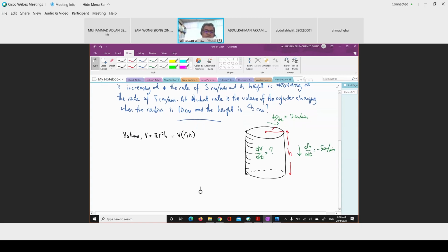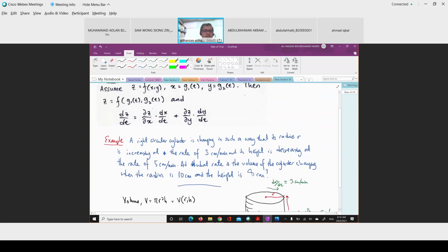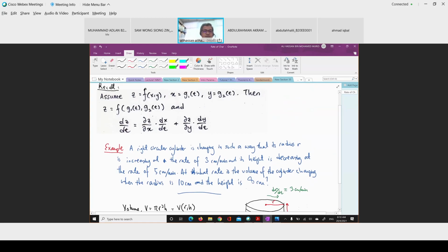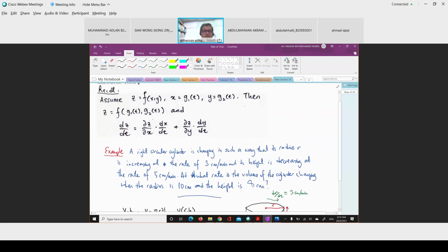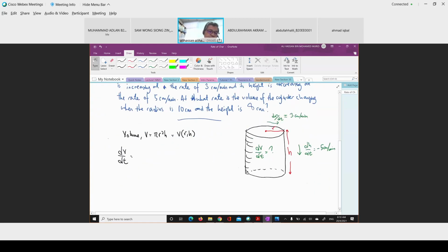So dV/dt, by the chain rule, shown here. Now the role of z is V, the role of x is now r, and the role of y is now h. So by the chain rule, dV/dt is ∂V/∂r times dr/dt plus ∂V/∂h times dh/dt.